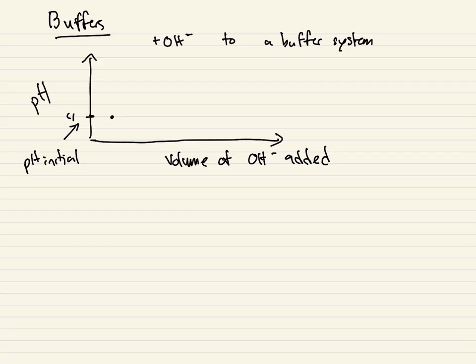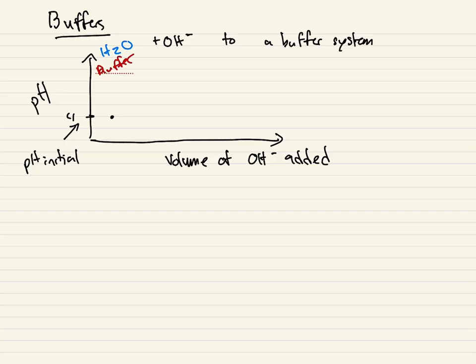Like if we're looking, so now we're looking at this graphically, right? So how does that look? What did your guys' plots look like when you had your buffer solutions in lab a week ago? We'll have two curves, right? We'll do water, and then we'll do the buffer, right?